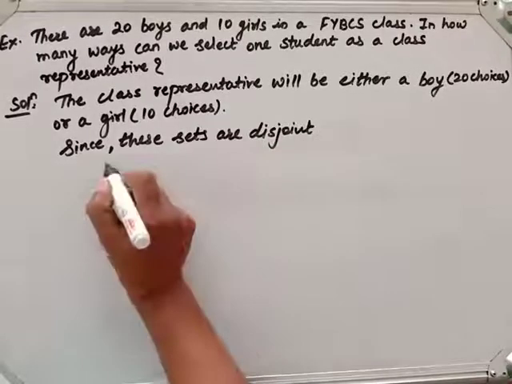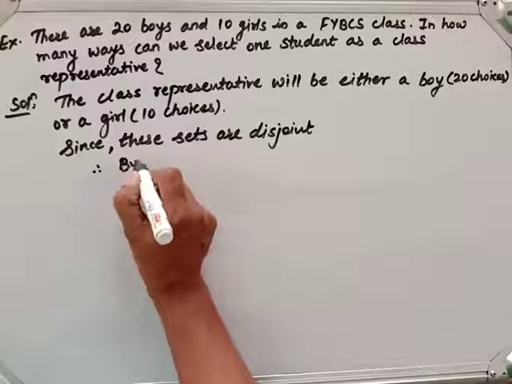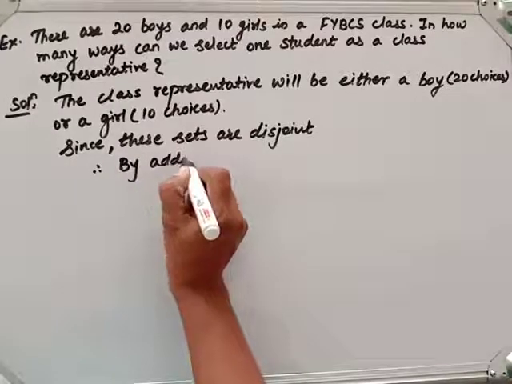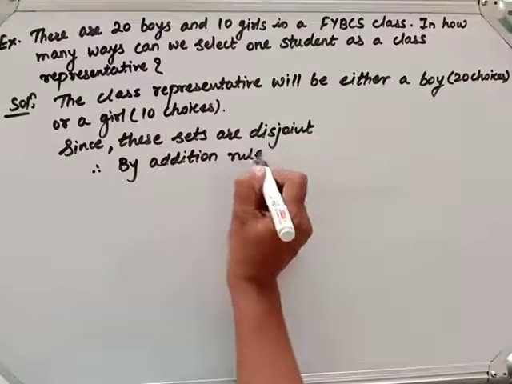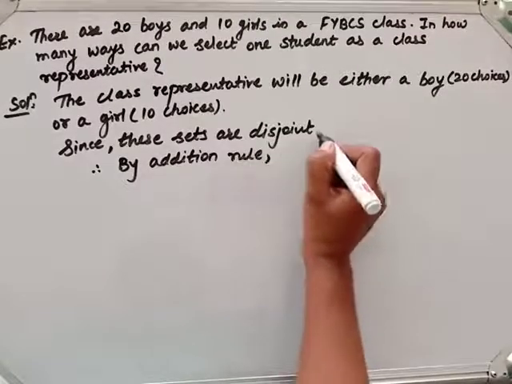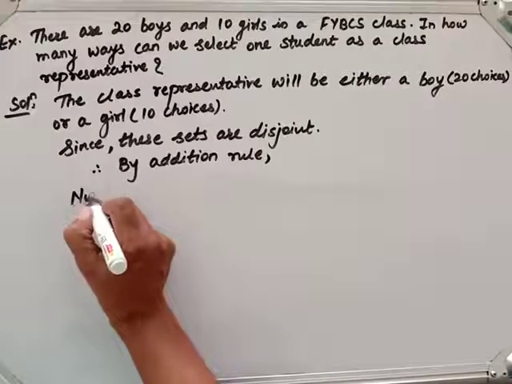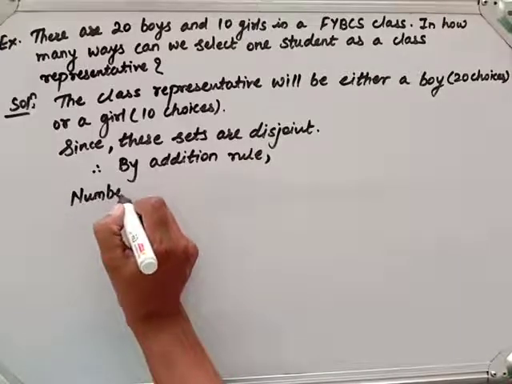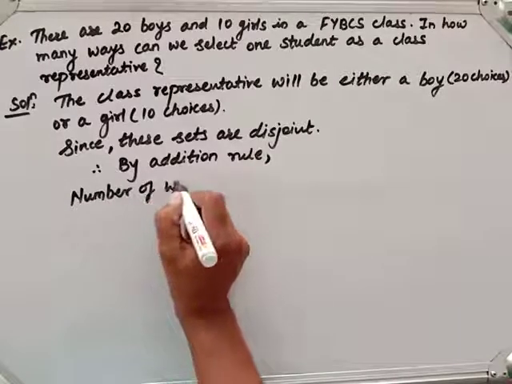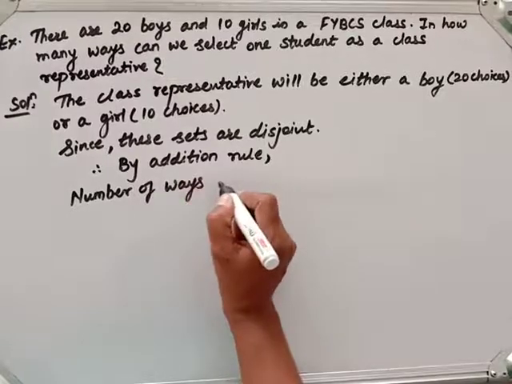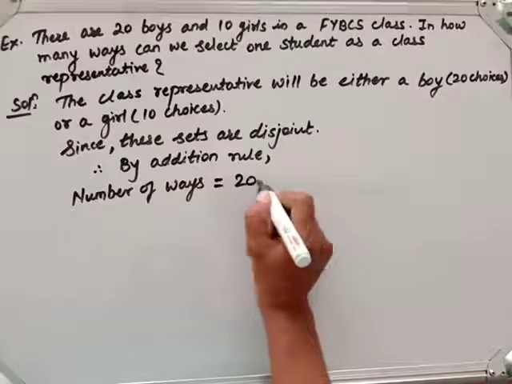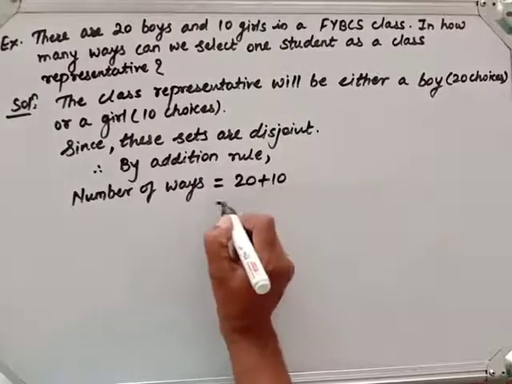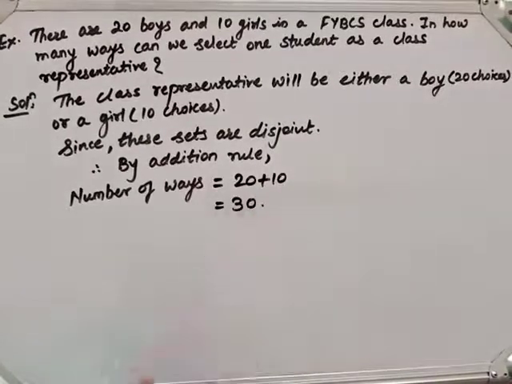Fine. Therefore, by addition rule, number of ways equal to how many? 20 plus 10, that are 30 here.